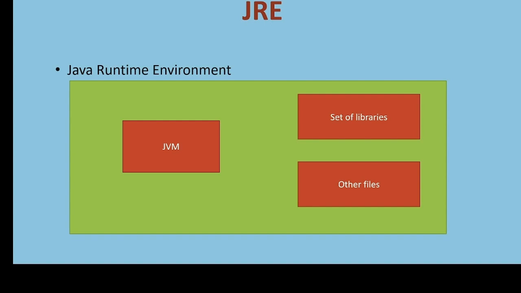This JRE is a software tool which is used to provide the runtime environment for Java applications. JVM is part of the JRE, and once we write a program and compile it, we get a .class file which has a bytecode. This bytecode can run on any device having the JRE. It has the JVM plus a set of libraries and other files.